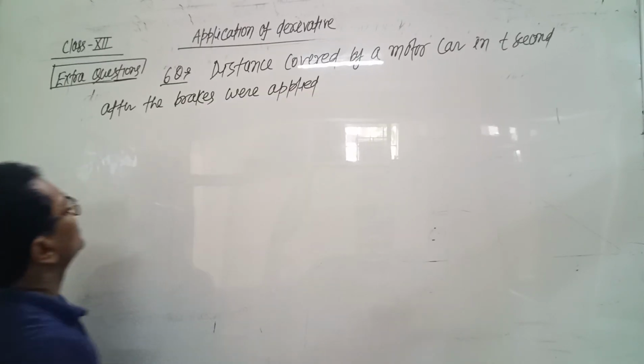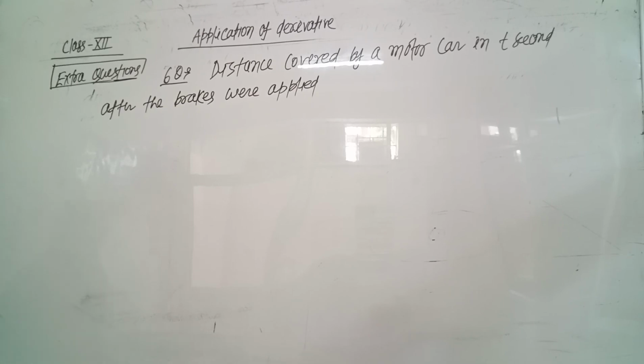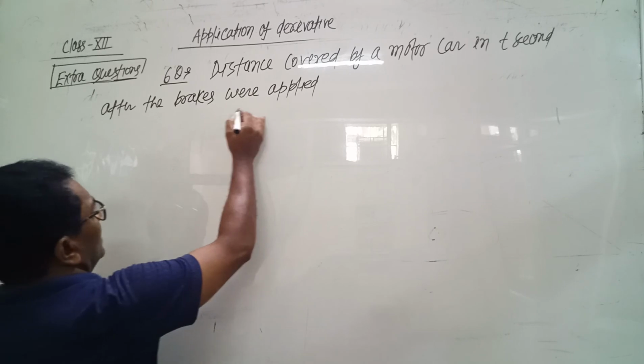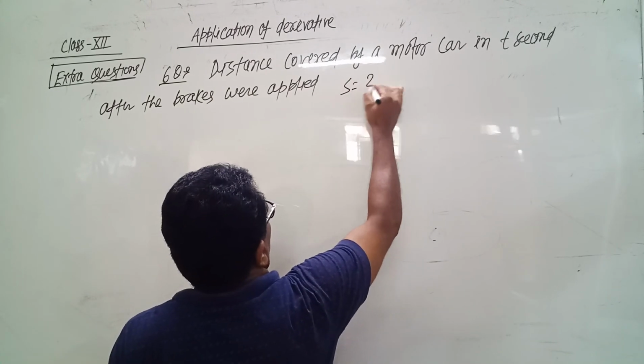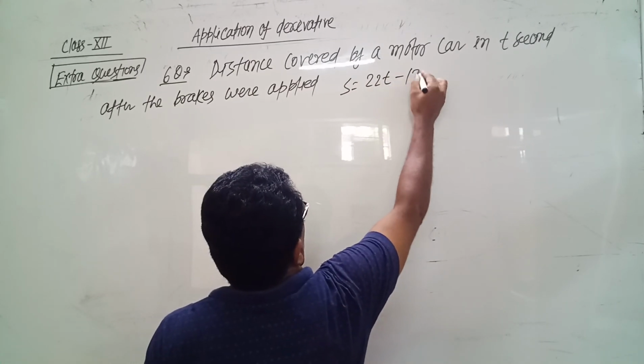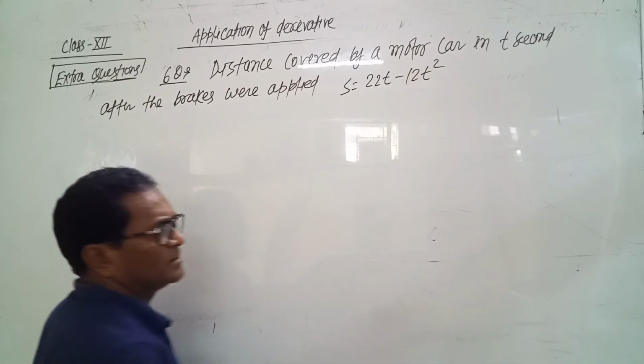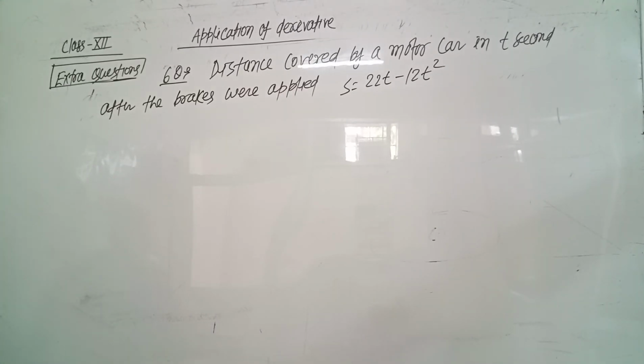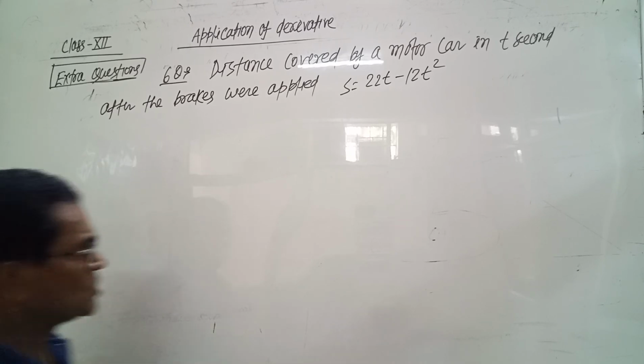That is, after the brakes were applied, S equals 22t minus 12t square. So find the distance covered by the motor car before it stopped.